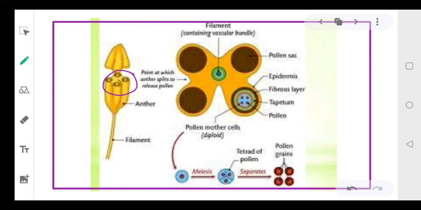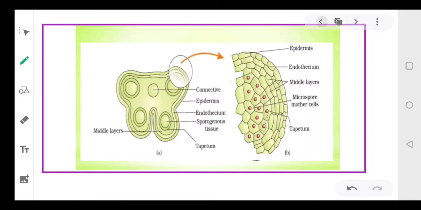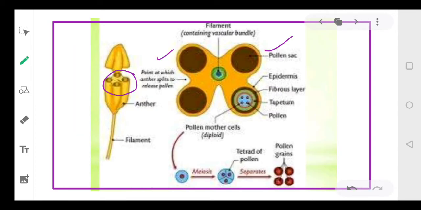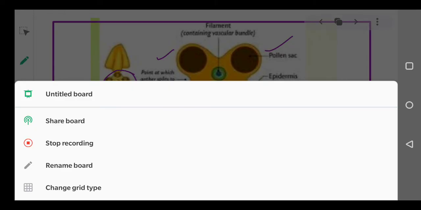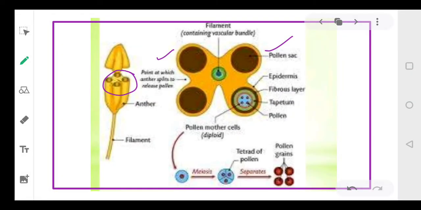Now just look at this picture and observe. We know that the anther has a 4-sided structure, isn't it? You can see the 4-sided structure.